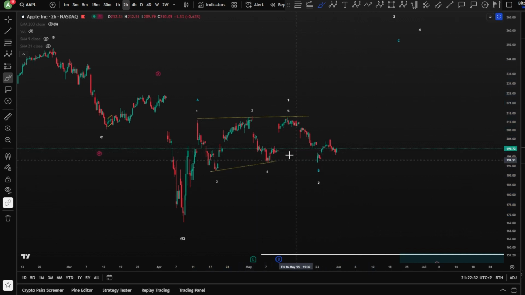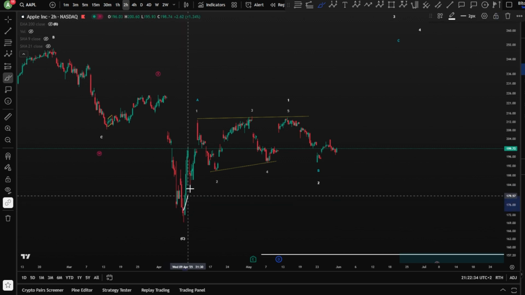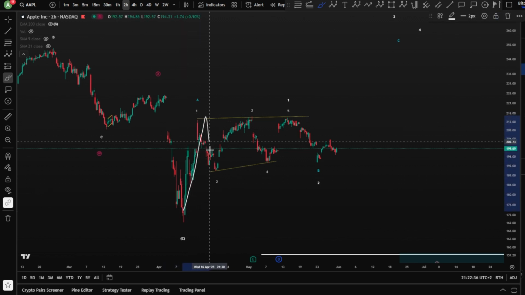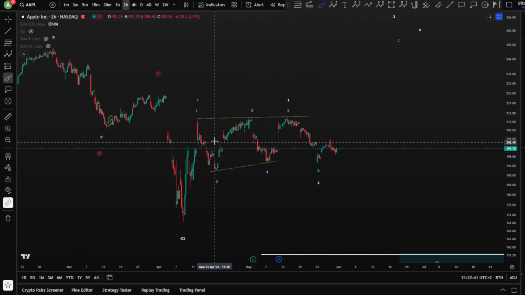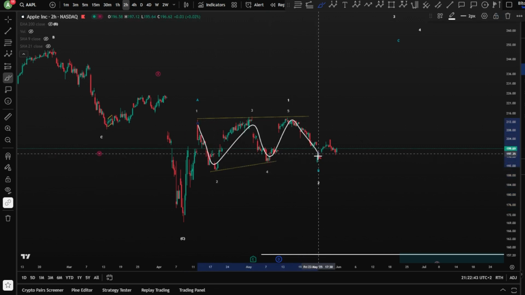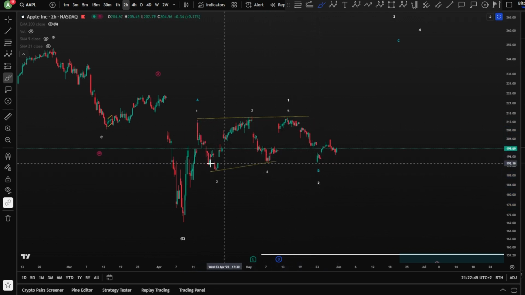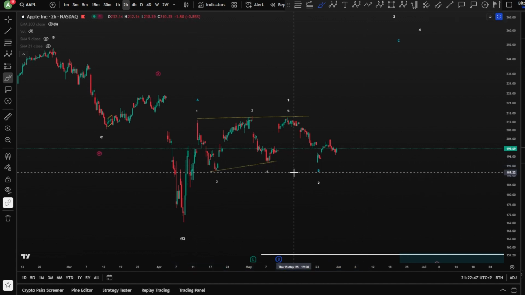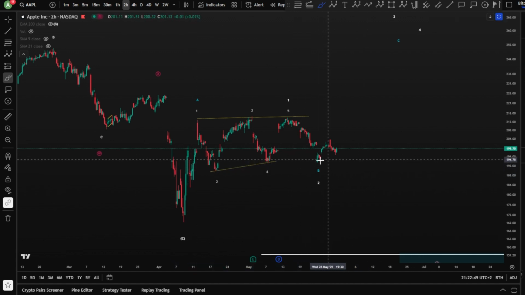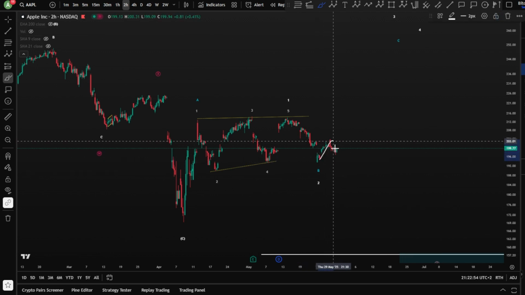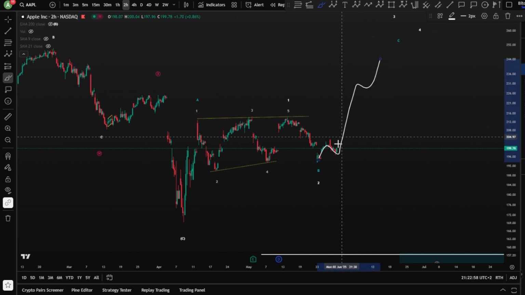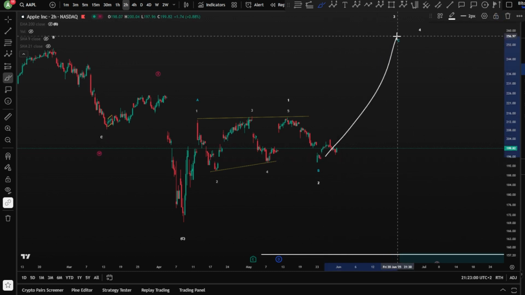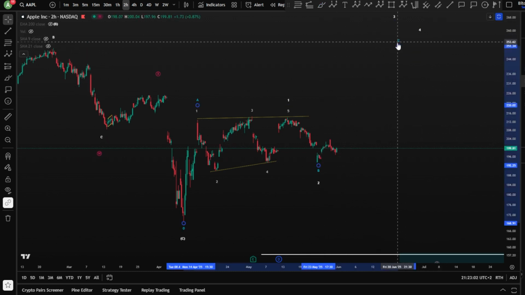The second scenario is a wave 2, where you have a wave 1 and then potentially W, X, and Y. It can still be a W, X, and Y rather than a triangle, because it has already hit the minimum requirement for a wave 2, which is the 0.38 Fib level, and starting impulsively toward the upside, moving potentially as a 1, 2 here, and then 3, 4, 5. For a wave C, you would like to see also an impulse towards the upside.